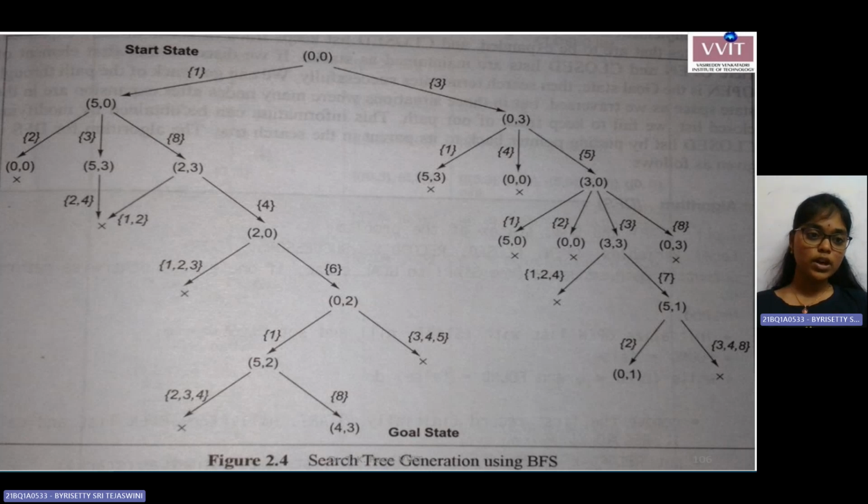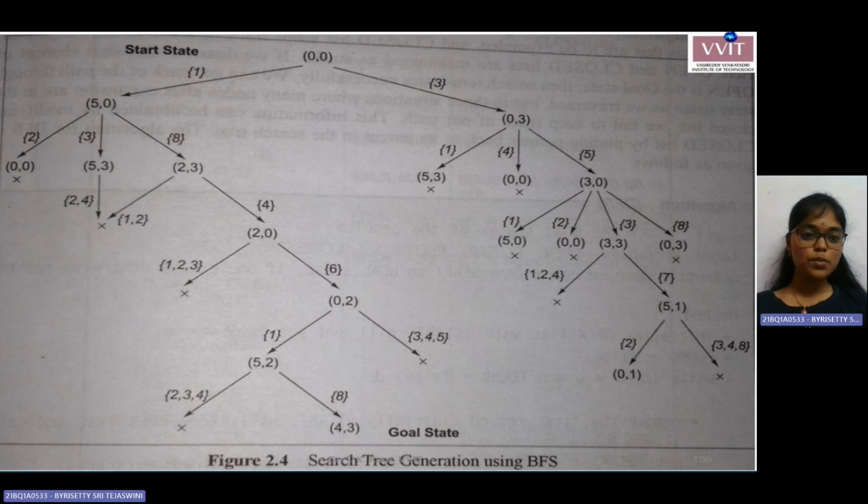If we take 2 3, the possible outcomes are 0 3, 2 0 and 5 0. 5 0 and 0 3 are already existing, so 2 0 is taken. Next, if we take 0 3, the possible outcomes are 5 3, 0 0 and 3 0. 5 3 and 0 0 already exist, so we don't take those, and 3 0 is the new state, so we take 3 0 and expand it.